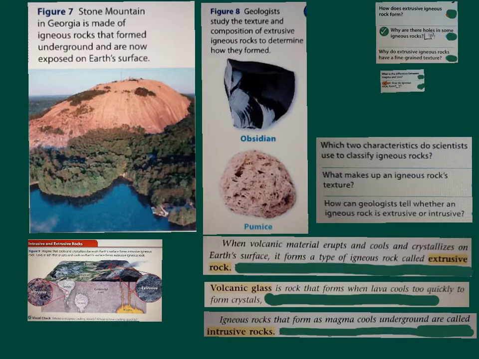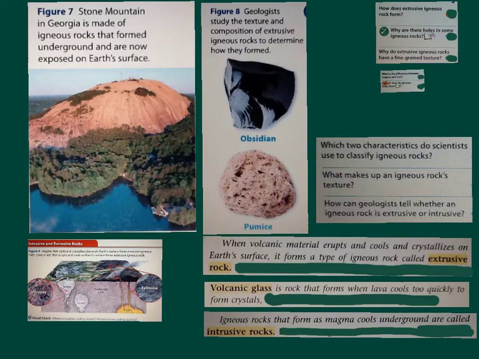If the crystals are small or impossible to see without a magnifying lens, the rock is extrusive. If all the crystals are large enough to see and have an interlocking texture, the rock is intrusive. So scientists use texture to determine whether an igneous rock is intrusive or extrusive. Rocks made of large, interlocking crystals are intrusive, and rocks made of barely visible or microscopic crystals are extrusive.